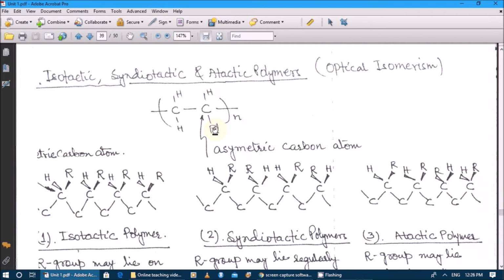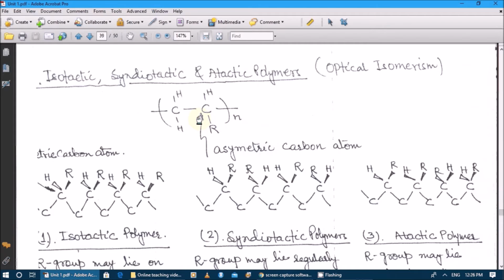For example, in case of polypropylene, R is a methyl group, CH3. In case of polyvinyl alcohol, R is an alcohol group, OH. In case of PVC, polyvinyl chloride, R is chlorine. In case of polystyrene, R is a benzene ring.